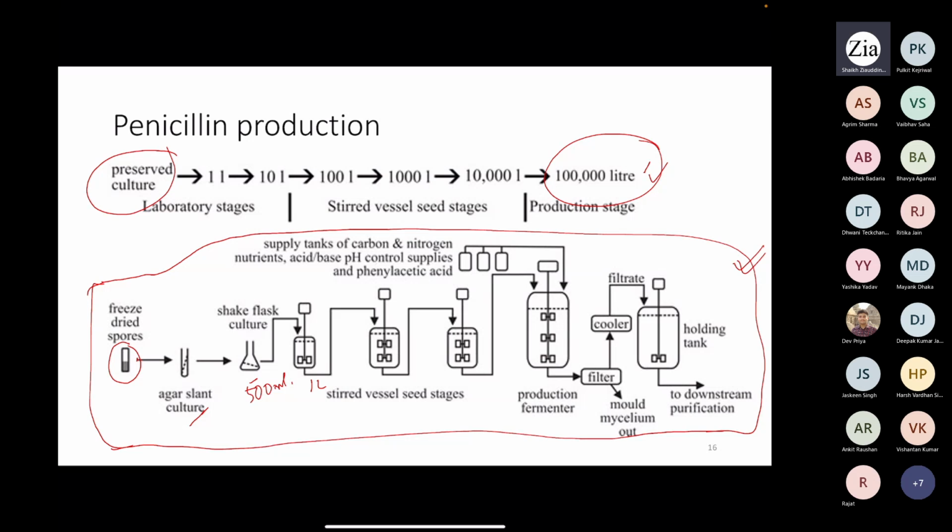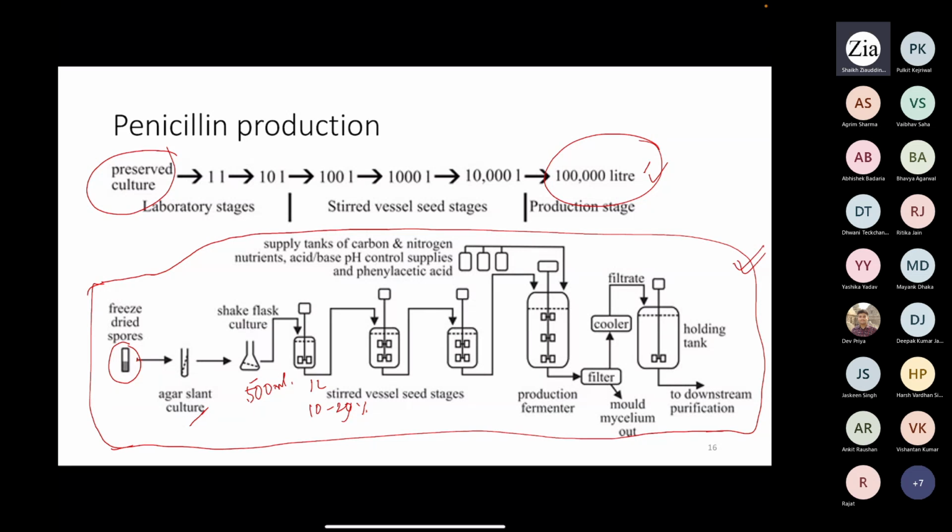When you start operating the 1 liter reactor, you need to start with 10 to 20% inoculum. But in aerobic systems, mostly we work with 10% inoculum. To get 10% inoculum, if your final working volume is 1 liter, 10% of 1 liter is 100 ml. So from the 500 ml liquid, you transfer 100 ml and then do this operation.